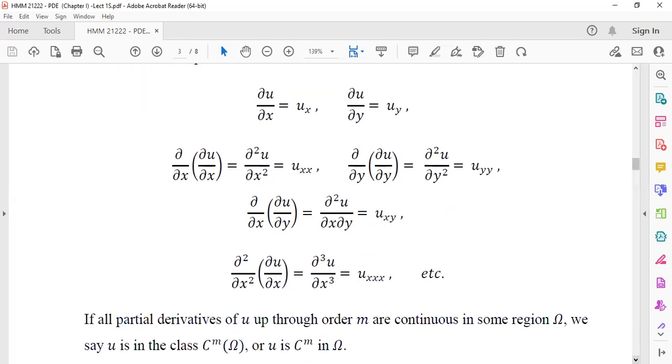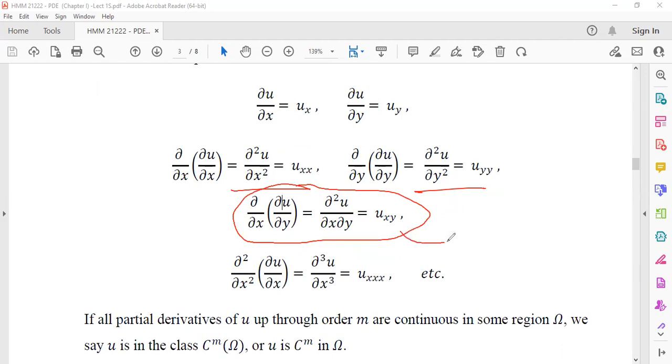Okay, now that is obvious. So the second derivative with respect to x and y, that is okay. So see this one. What do you think? See carefully what is happening. Can you tell me in words what you are seeing differently?